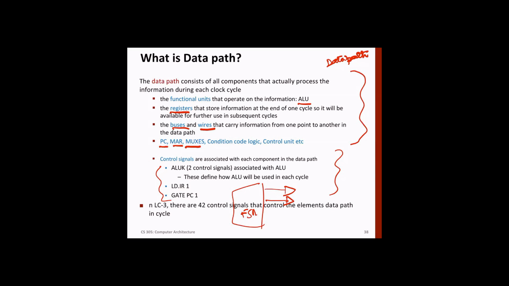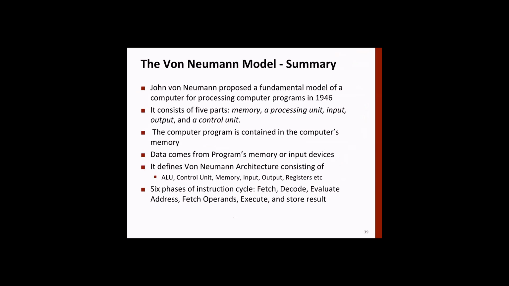All right. To summarize von Neumann architecture: this architecture was proposed in 1946 by von Neumann. It consists of 5 parts that we have seen: memory, a processing unit, an input unit, an output unit, and a control unit. The computer program plus data is written in memory, both in the memory.